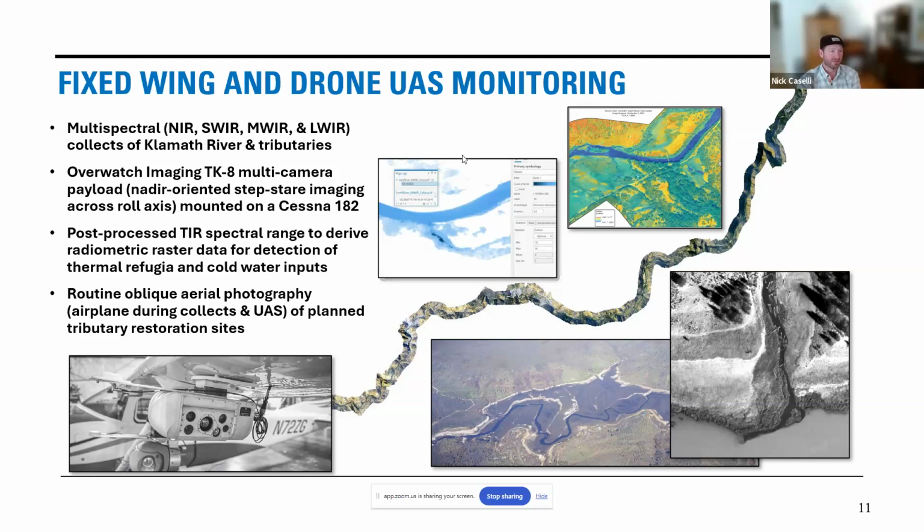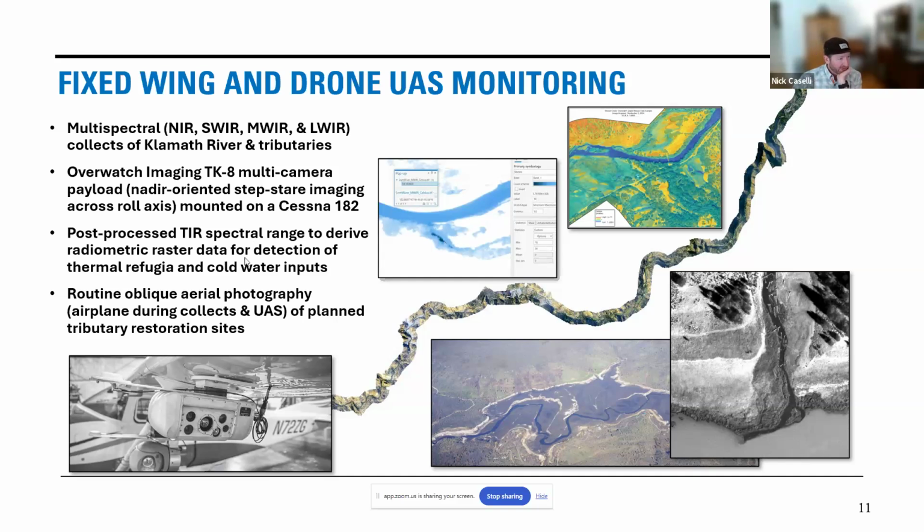We can then use that multispectral data to try to identify refugia, hotspots, basically thermal changes in the tributaries that go into the former reservoirs and into the Klamath, and identify likely targets for fish refugia, areas where we may want to avoid, areas where we may want to target.